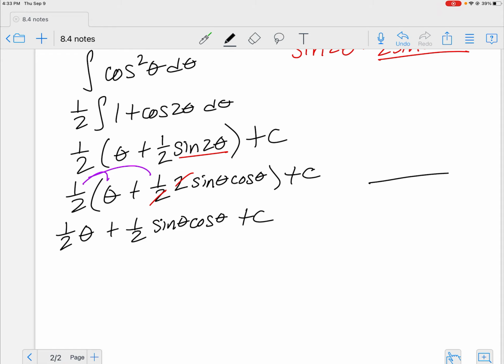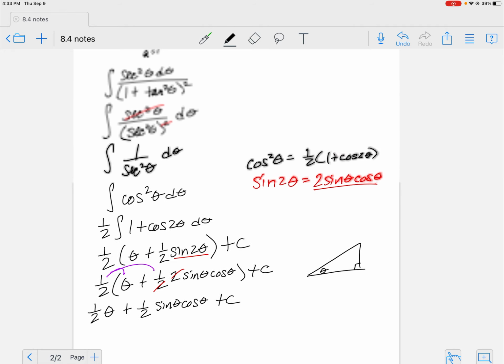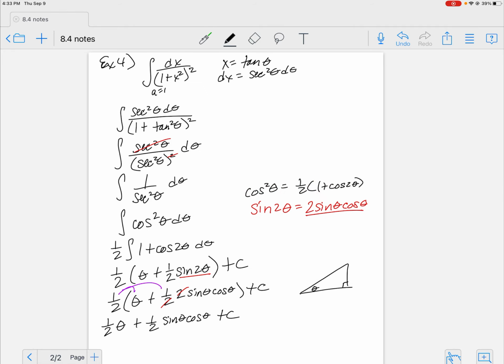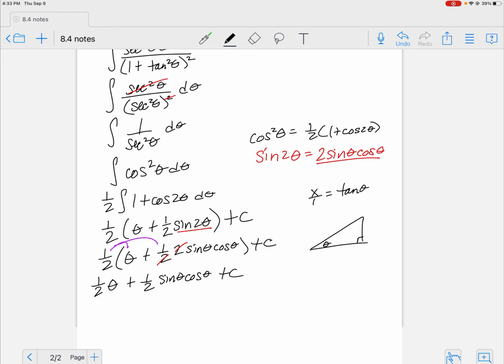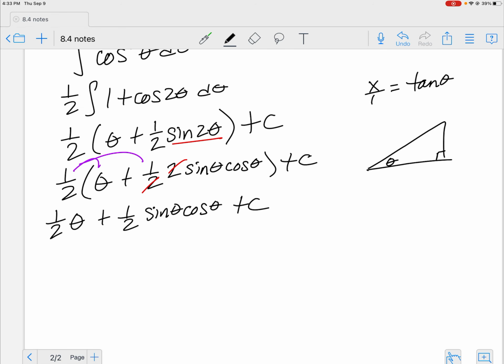Now we do some right triangle trigonometry. This is theta, and oops, let me squeeze it back. And when you remember, x is equal to tangent of theta. So that's the same thing as x over 1. Tangent is TOA, opposite over adjacent.